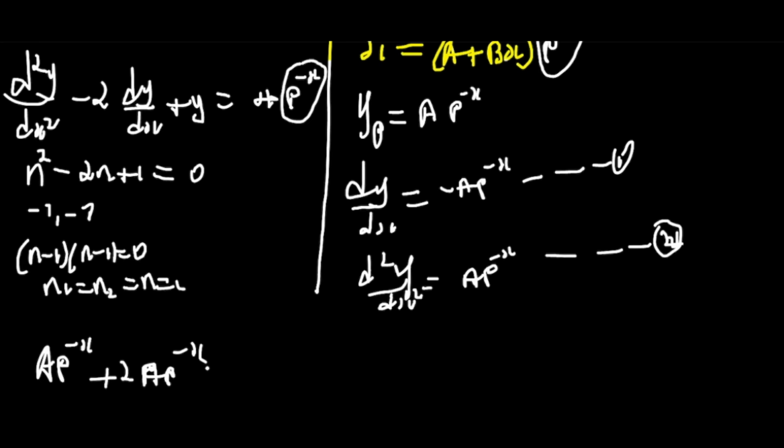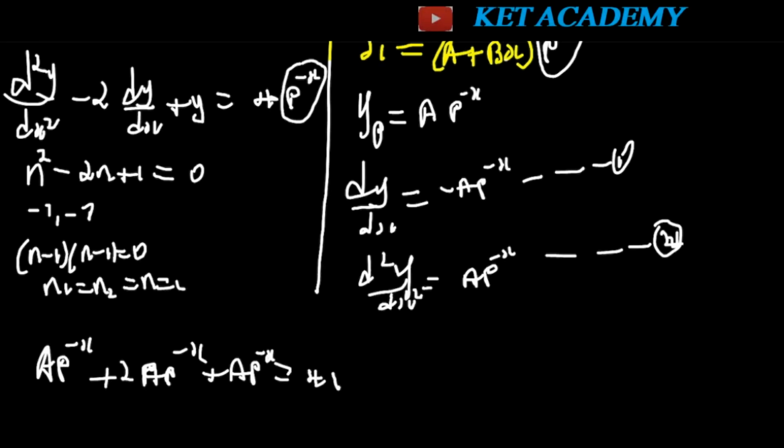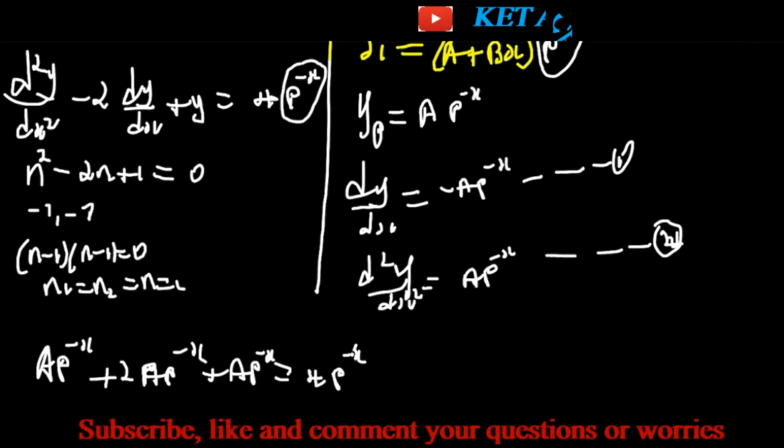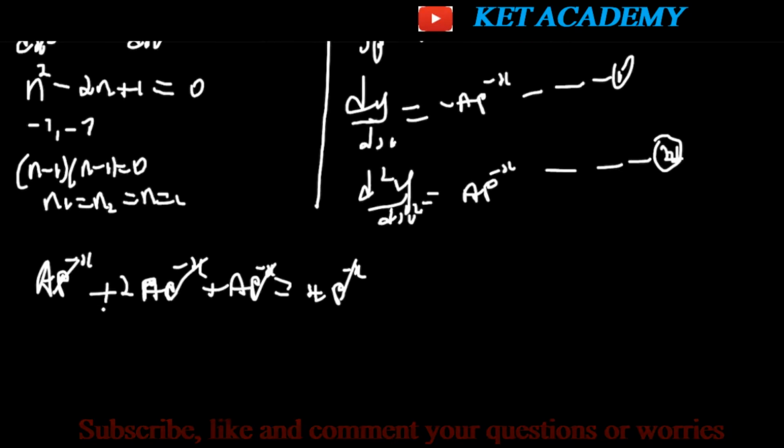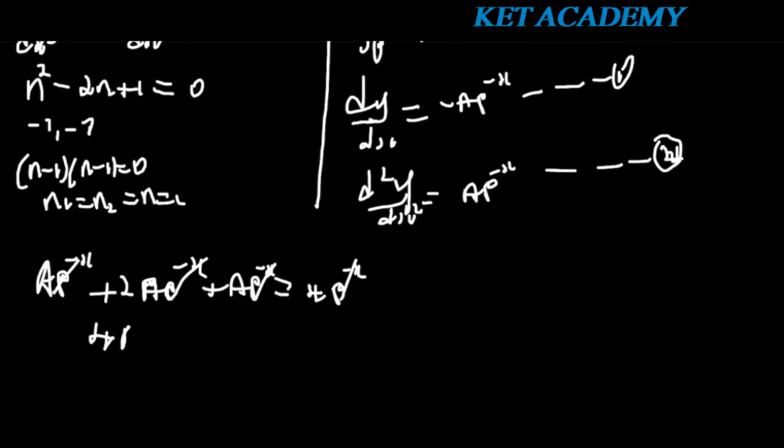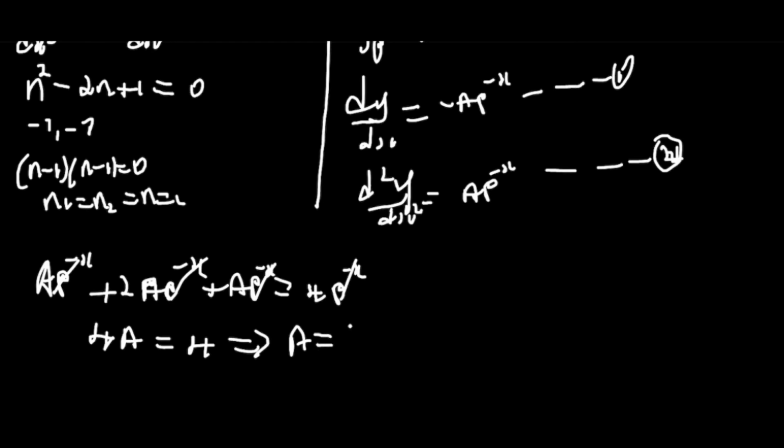Now plus y, which should be plus a e to the minus x, so this will be equal to 4 e to the minus x. We see that e to the minus x is common throughout, so it's going to cancel, and we'll be left with 4a equals 4. This implies that a is 1, so we have the value of a.